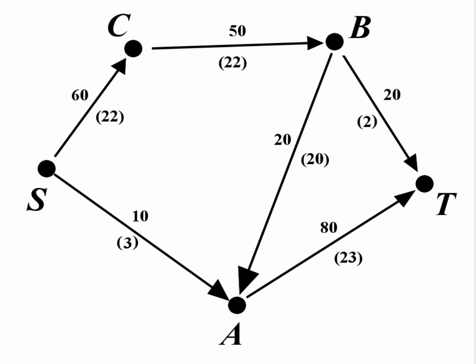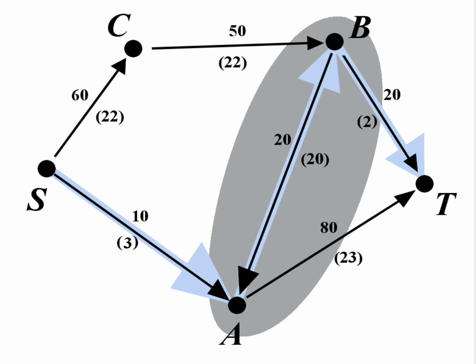So we can send more snails along this unusual path. Why is this path unusual? Let's look at this direction from A to B. The path is S, A, B, T. And this section from A to B goes in the opposite direction of the edge.